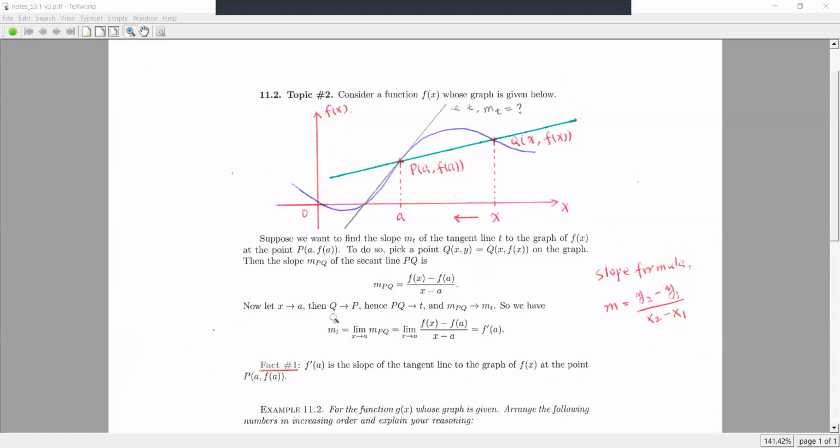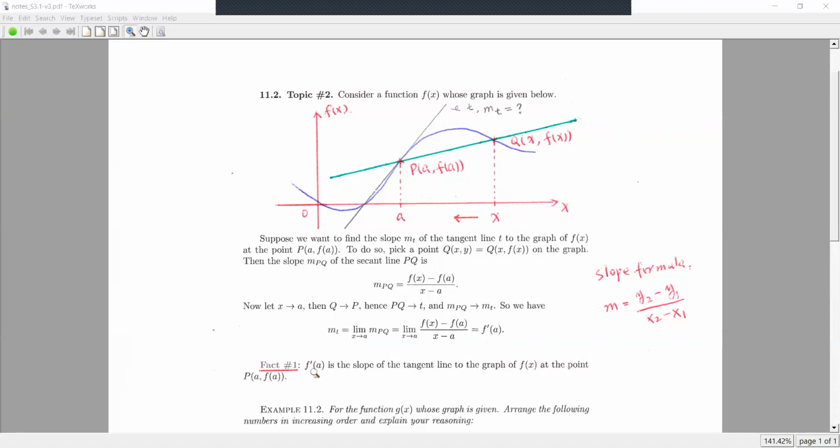Now, plug in this fraction for m_PQ, then we have this equation. So the slope of the tangent line is this limit. But this limit is the derivative of the function at the point A by definition. So this observation says that the derivative of the function at the point A is the slope of the tangent line at the point A. I mark this down as fact number 1.